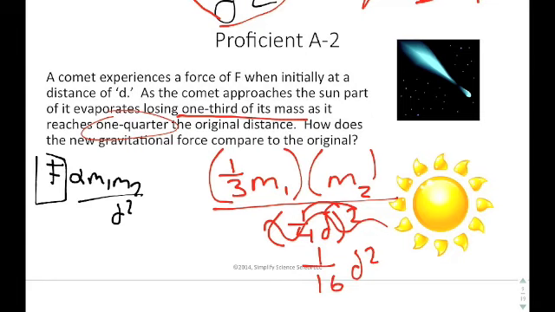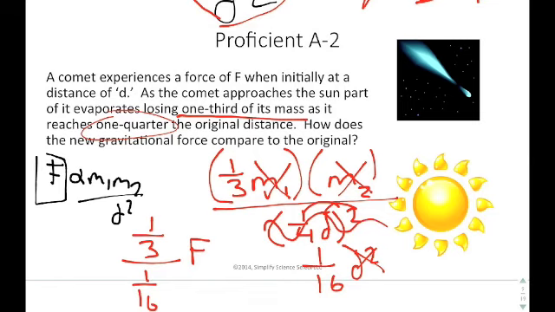So now at this point, you want to eliminate all of the other variables. So I'm going to eliminate m1, m2, and d squared. Remember, those are all represented by the value of F. So now I know what F is. I can replace it. It's going to be 1/3 divided by 1/16, and then we have F.